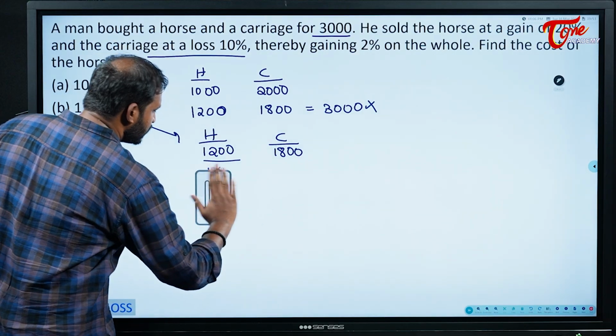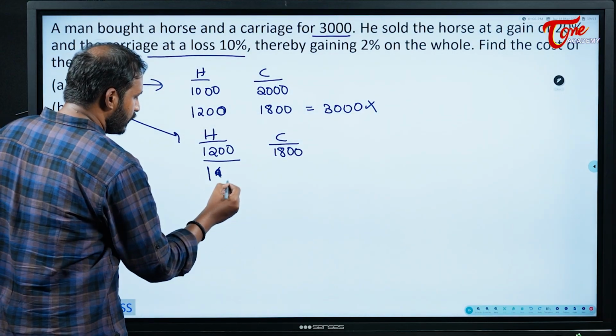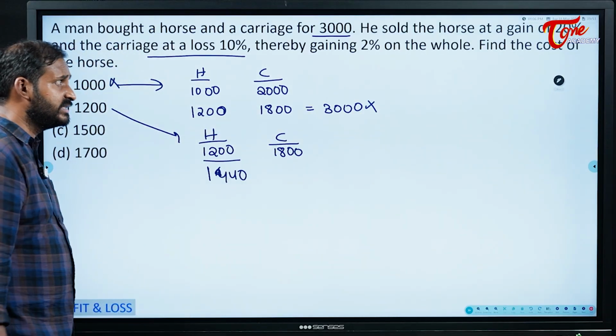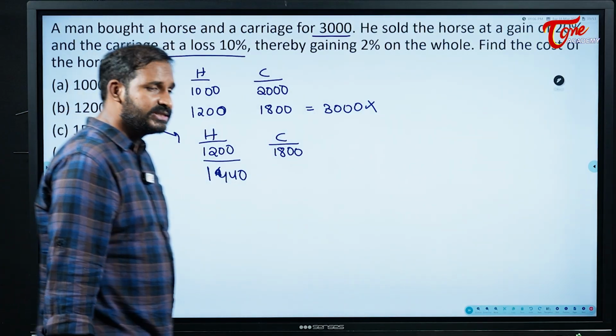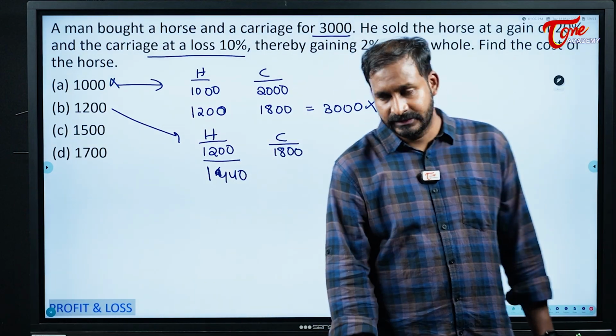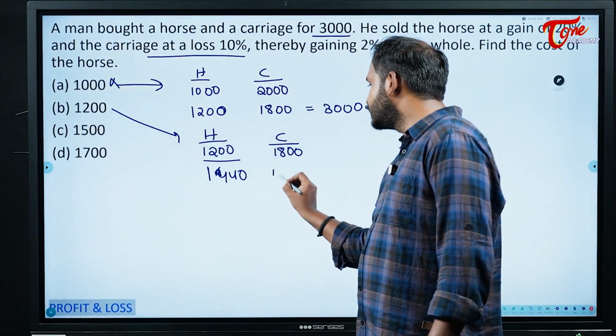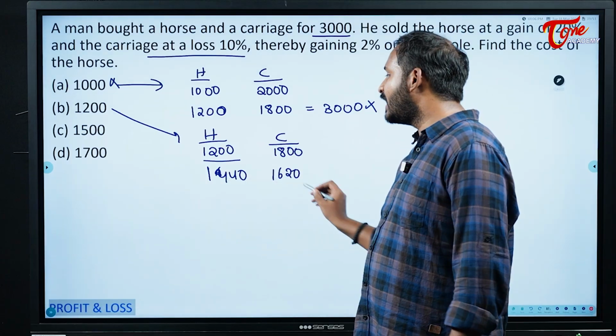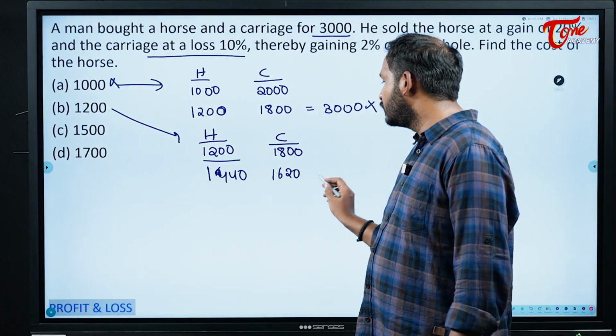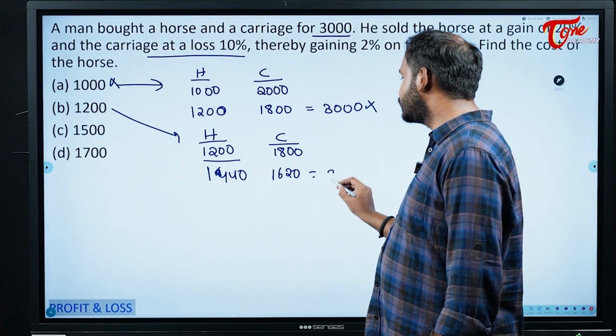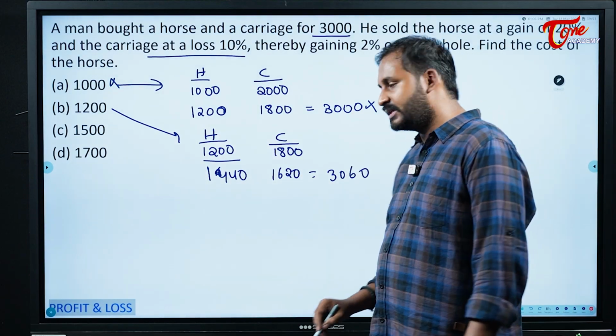That means the horse was sold for 1440. And on the carriage he is getting a loss of 10%. What is 10% of 1800? 180. So this will become 1620. Now add these two things, what will I get overall? I will get 3060.